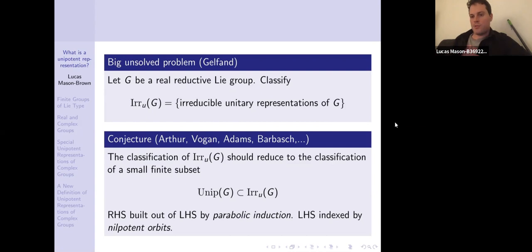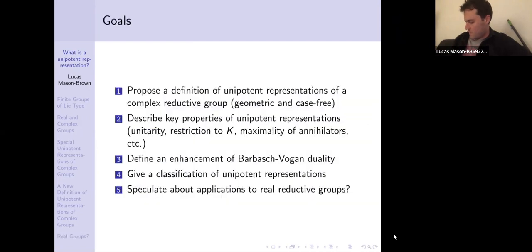These unipotent representations should function as building blocks in some sense for the unitary dual. And their classification in turn should be related to nilpotent coadjoint orbits. So this has been a kind of guiding principle for the past, I don't know, 40 years.